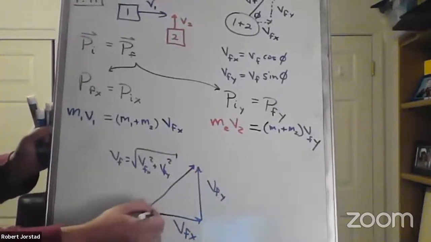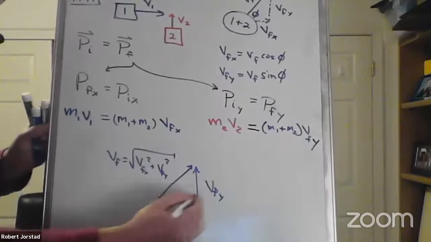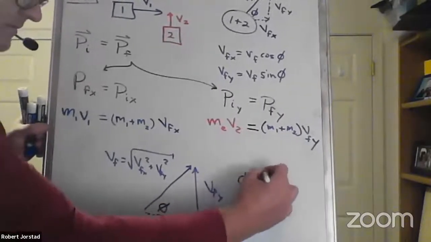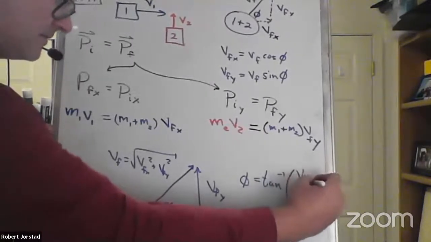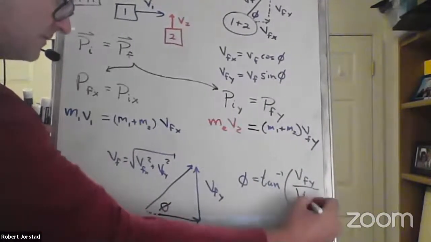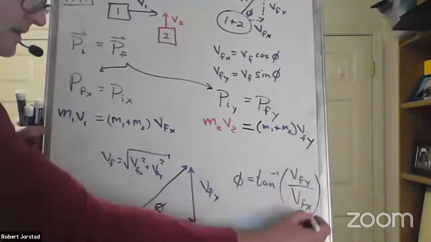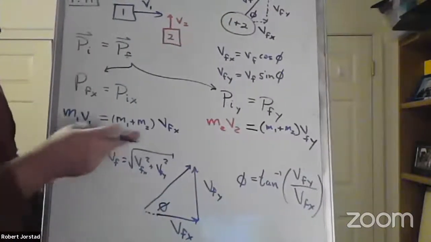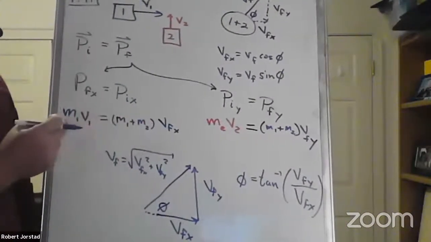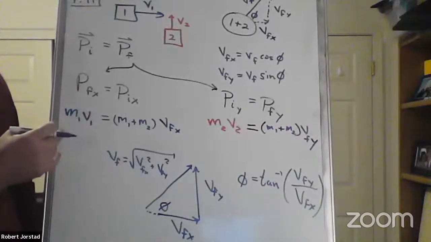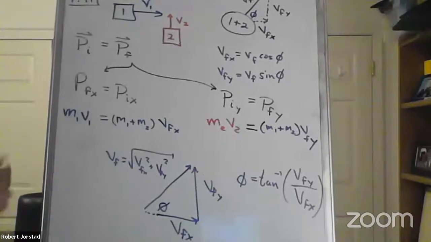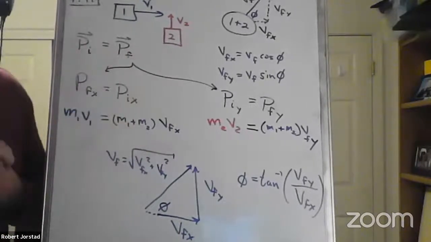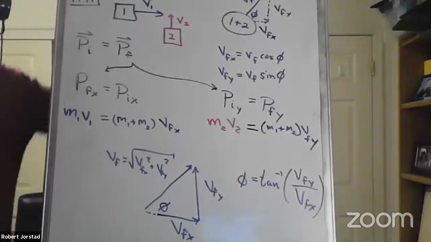And the angle here, notice I could actually plug in these equations here. And we could get that. All right. So again, we know the numbers. We know everything about this.